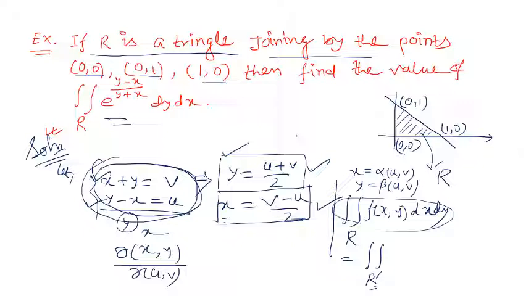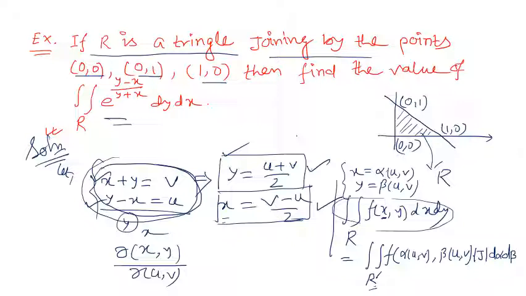The region should be changed after using this transformation, so we replace x by alpha of (u, v), and next beta of (u, v), and then the modulus of the Jacobian J, where J stands for Jacobian, and then du dv.